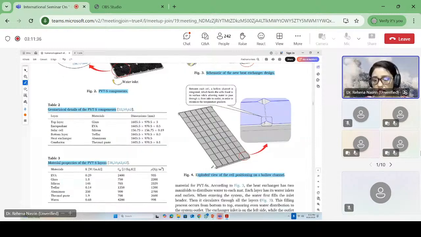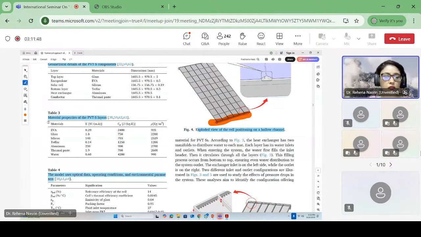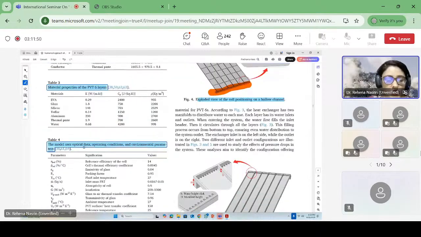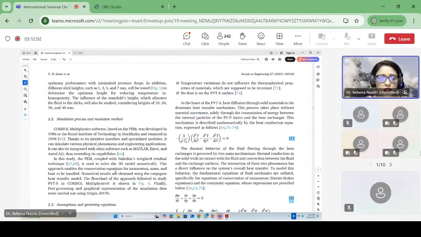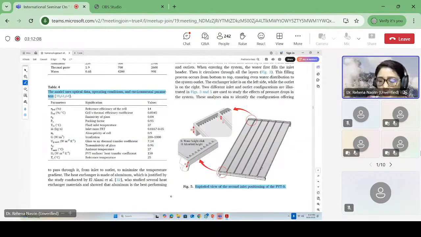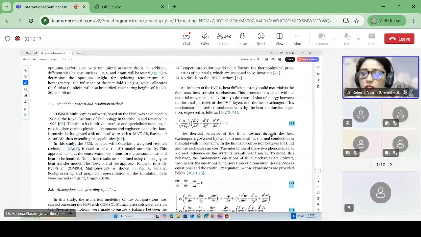You can see this is the system, and these are the module cell gaps, and this is the material properties of the photovoltaic thermal system. The model's optical data, operating conditions, and environmental parameters, all the needed information are given in tables also. And this is the exploded view of the inlet part, and this is the second inlet position of the thermal system.